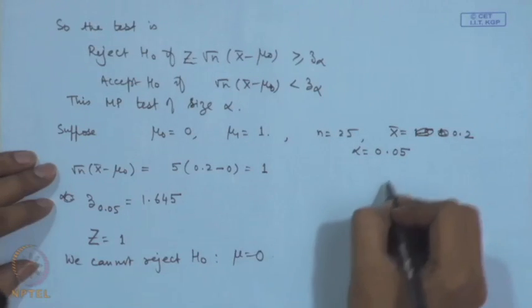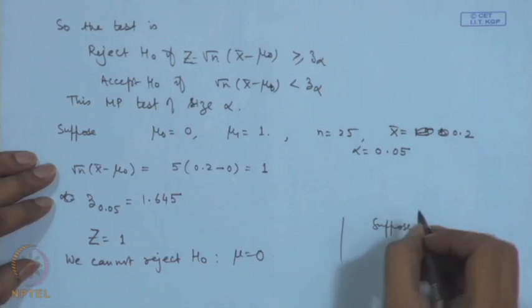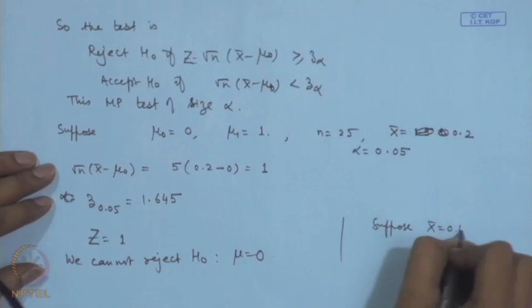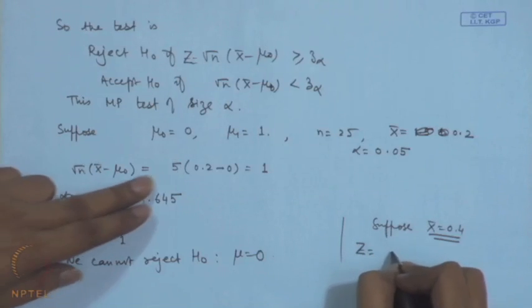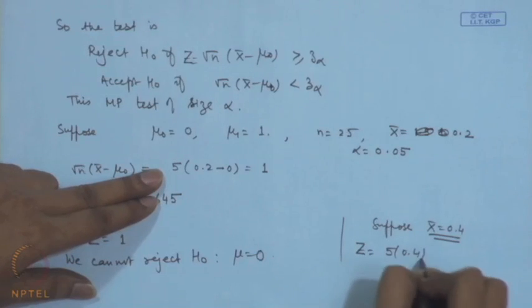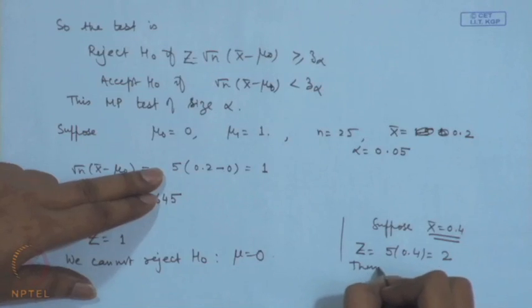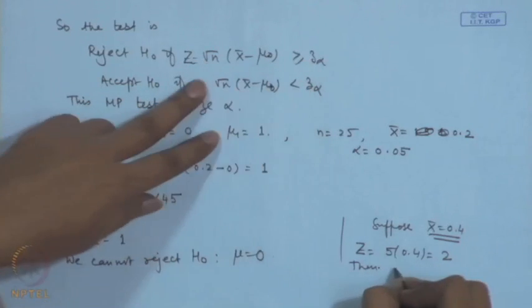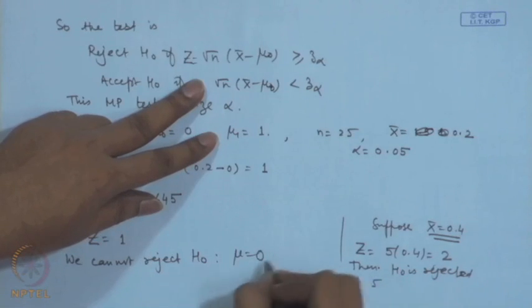On the other hand, suppose here I would have got say x bar is equal to 0.4. In that case, z value would be equal to 5 into 0.4, that is equal to 2. In that case, this value will be higher. So, then H naught is rejected at 5%.